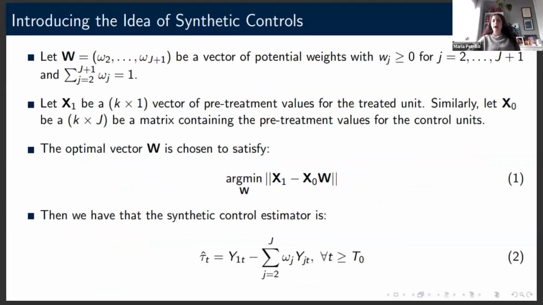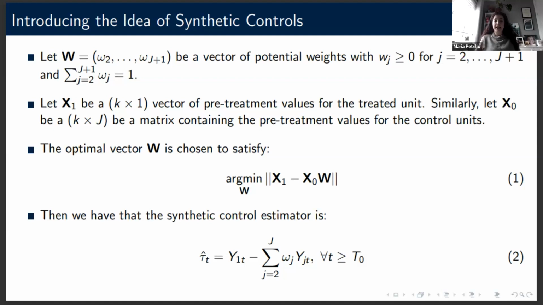So formally, that's very simple to see. We have W, which is a vector of potential weights. We have X1, which is a vector of pre-treatment values for the treated unit. And then we have X0, which is a matrix of pre-treatment values for the control units. Now, what we want to do is to solve equation 1, which is our minimization problem.